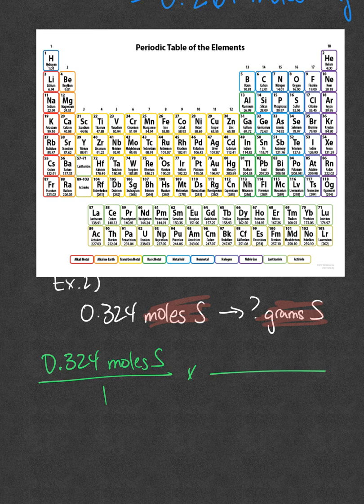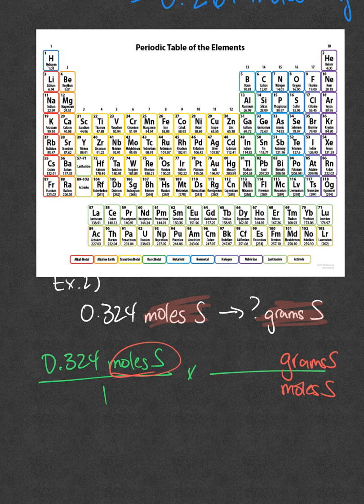In this case, we want grams of sulfur. And the unit we're trying to get rid of is moles of sulfur. Because it's a numerator here, we'll put it in the denominator here so that it will cancel out. And so all you have to do then is add those numbers accordingly.